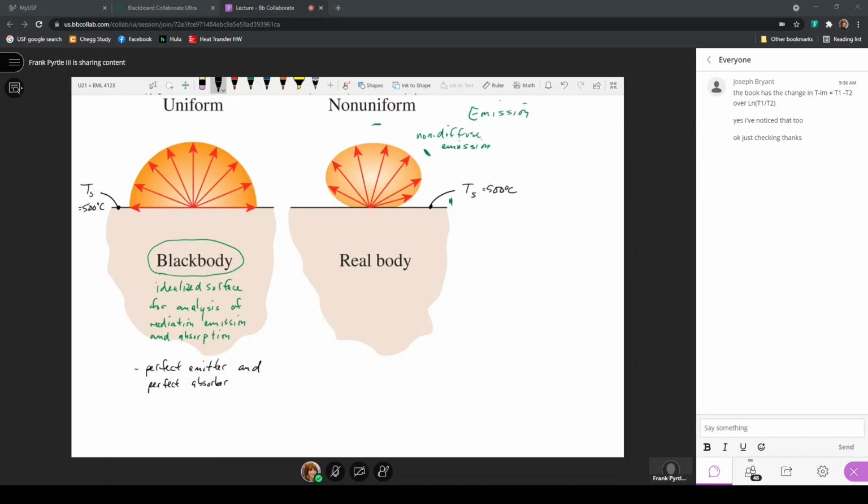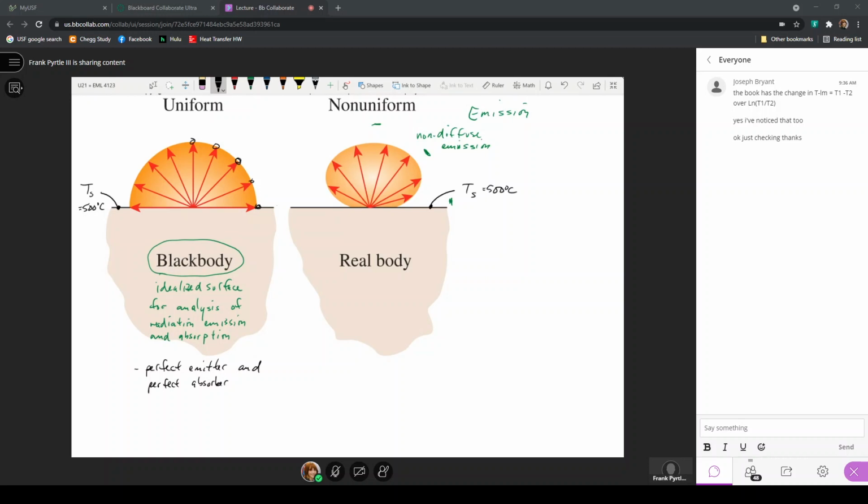With regard to a perfect emitter, it's referring to it being a diffuse emitter, in that the amount of energy emitted normal to the surface will be exactly the same as it emits parallel to the surface, and at any angle in between. If the heat flux is 100 watts per square meter here, it's also 100 here, 100 here, 100 here, and even parallel to the surface.